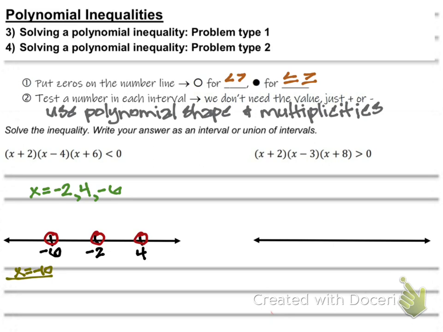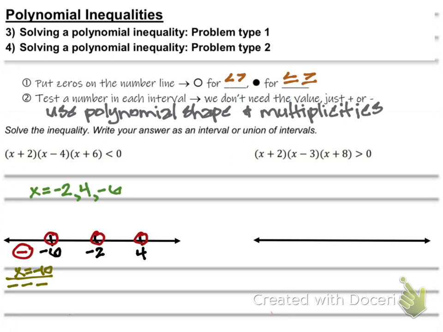I just want to know if it's above the x-axis or below the x-axis. So negative 10 plus 2 gives me a negative number, right? Negative 10 minus 4 gives me a negative number, and negative 10 plus 6 gives me a negative number. And negative times negative is positive, times negative is negative. So the graph is below the x-axis until it gets to negative 6.